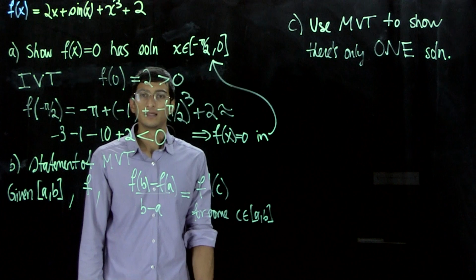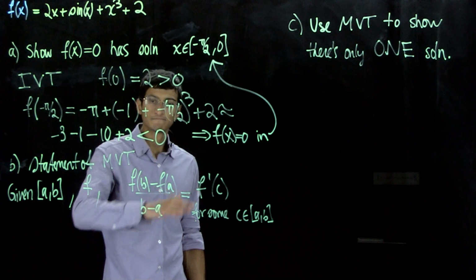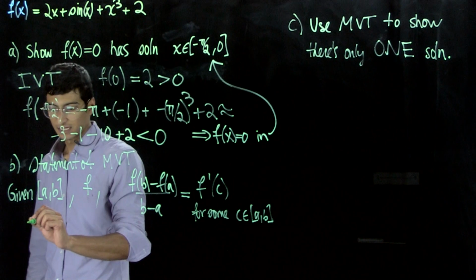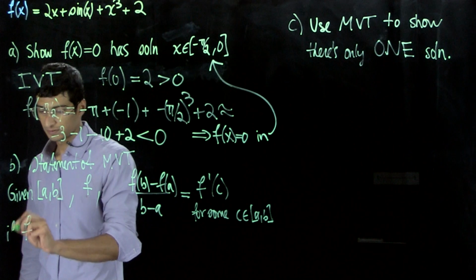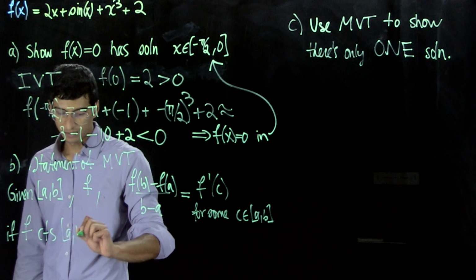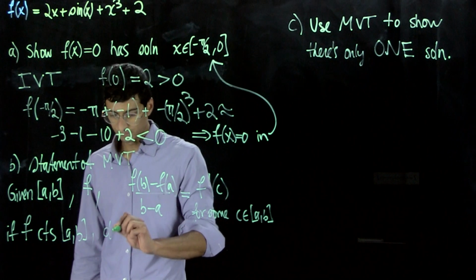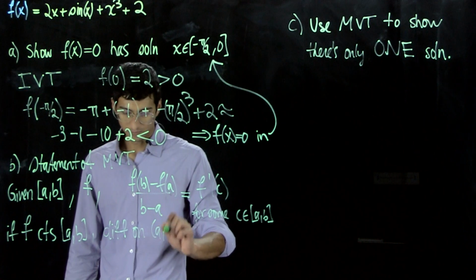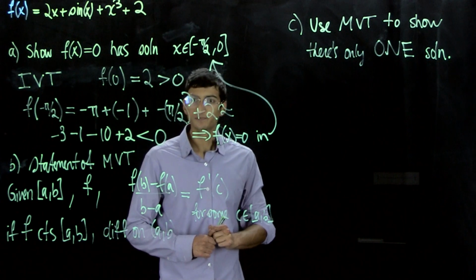And there are some technical requirements on this intuitive proposition. The technical requirement is that f is continuous on a to b, closed interval, and differentiable on the open interval. That's the mean value theorem.